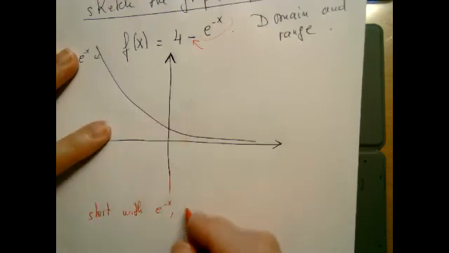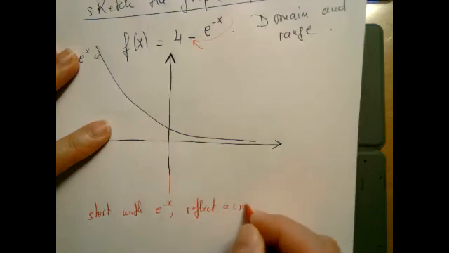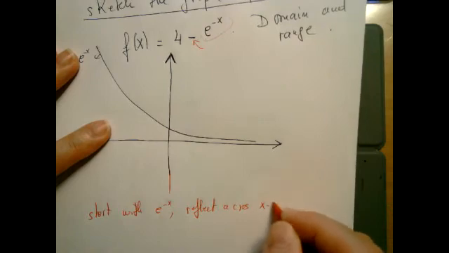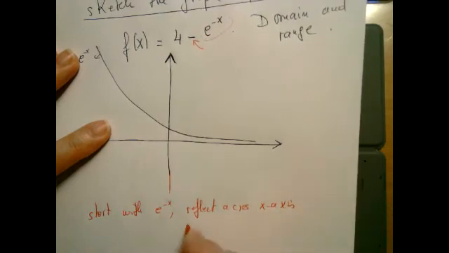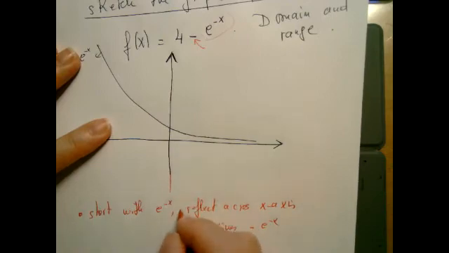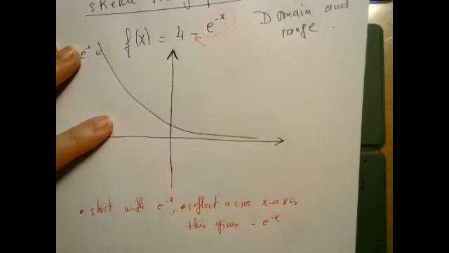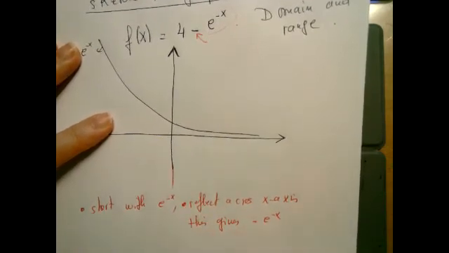Then reflect across the x-axis. And this gives minus e to the minus x. So step 1, start with this. Step 2, reflect across the x-axis. It will give me minus e to the minus x.